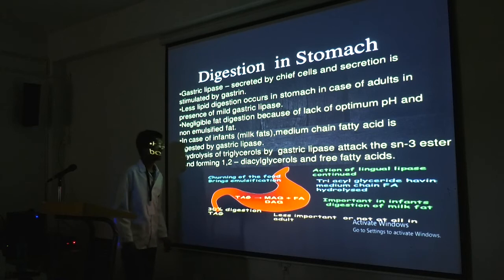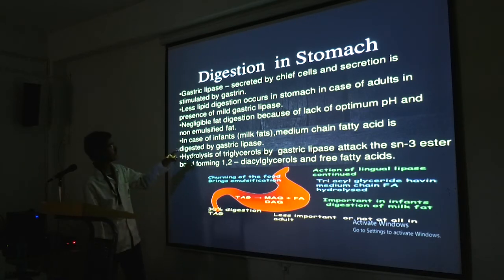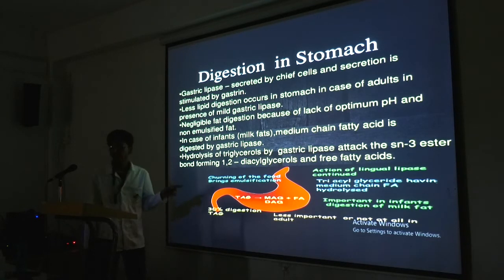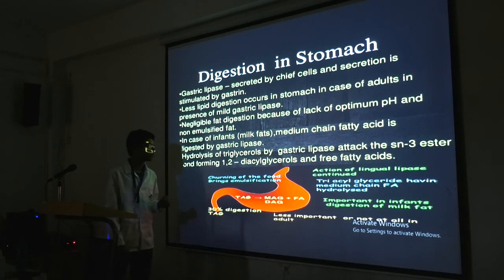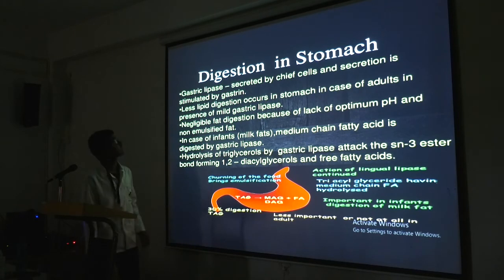In infants, medium chain fatty acid is digested by gastric lipase. Hydrolysis of triacylglycerols by gastric lipase attacks the sn-3 ester bond, forming 1,2-diacylglycerol, where we find two fatty acids and one glycerol molecule. So this is about digestion in the stomach.